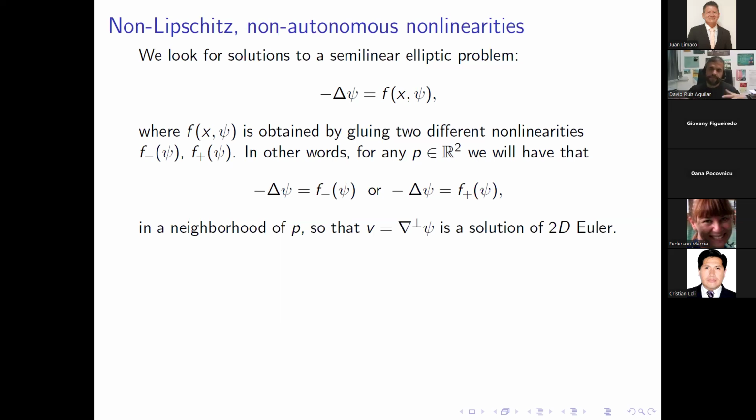So the idea is that we glue together those two functions in such a way that close to any point, psi is a solution of either one of the semilinear elliptic equations or the other. And of course, these two functions coincide in a certain region, and then you can do this gluing. And in this way, psi is a solution to the Euler equation locally, but Euler is a local equation. So you would obtain a solution to the Euler equation.